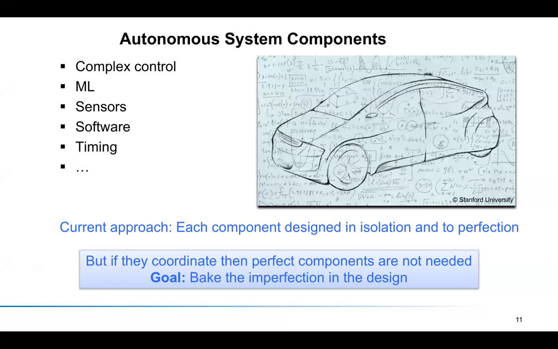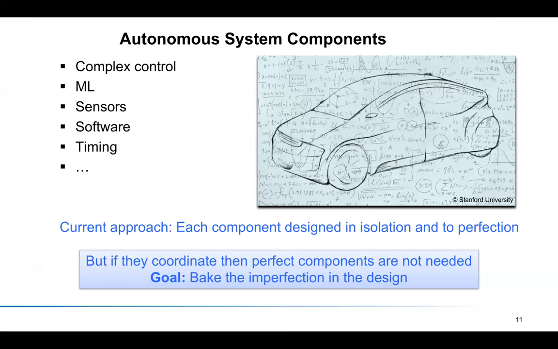If the timing components are not meeting all deadlines, we can probably compensate for that by designing the controller appropriately. If the translation from the controller to the code is not perfect, in the sense that the semantics do not match exactly, we can probably compensate for that by having some relaxation in timing or over-provisioning some resources.